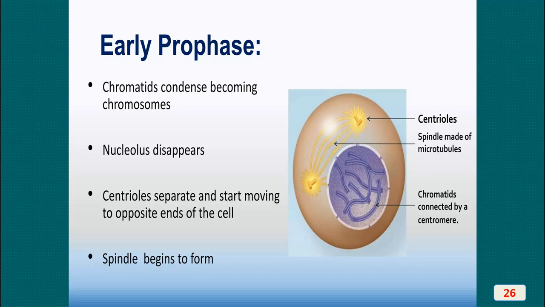Then the centrioles separate and start moving to opposite ends of the cell. The spindle begins to form, made up of microtubules. Then chromatids are connected by the centromere.